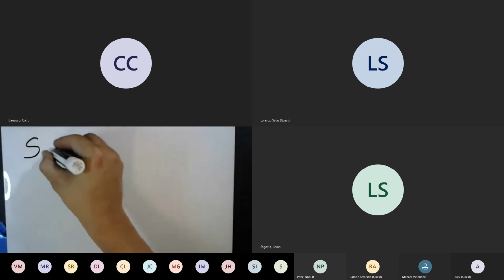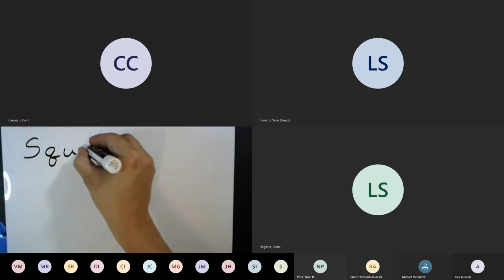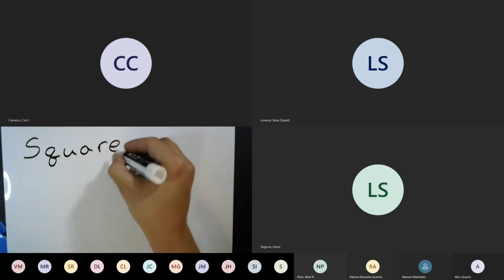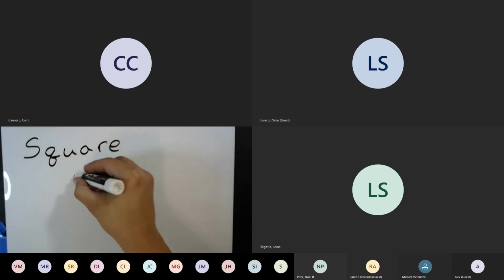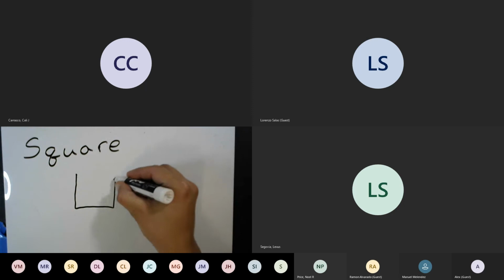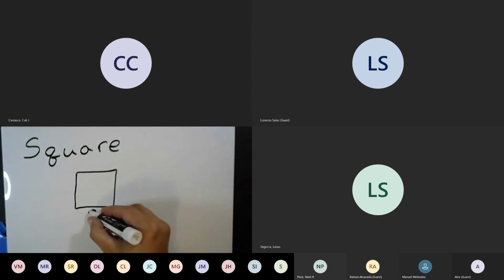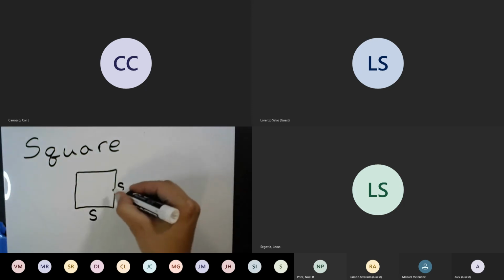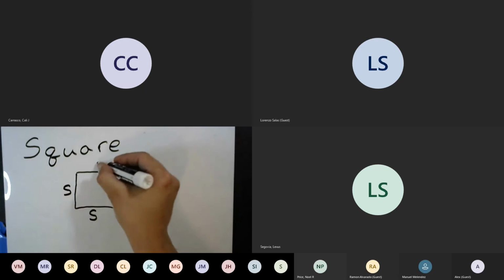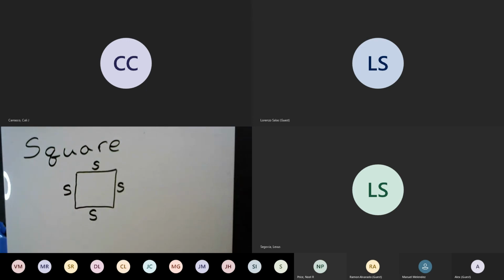Let's say you have a square. Well, a square, the sides are the same value. So again, with perimeter, it's the distance around the shape.